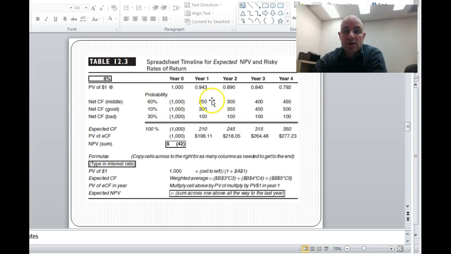So a 60% chance of 250, plus a 10% chance of 300, and a 30% chance of 100. The expected cash flow in those years is 210, 245, 315, 350. And we take the present value. Now it's not as positive in this case. Now it's negative, so this is showing that this investment is not worth it.